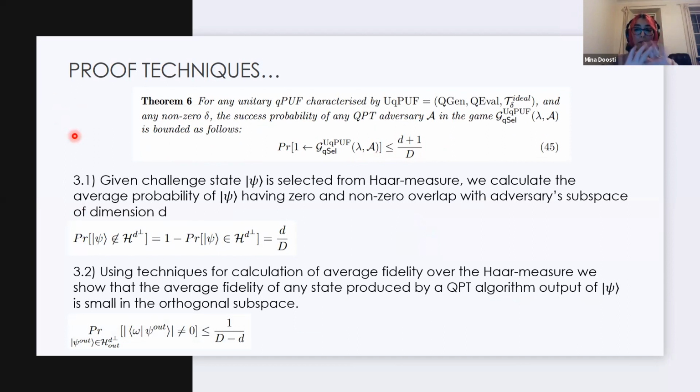The proof idea is generally that you can partition the Hilbert space into a subspace that is always orthogonal to your space, and another subspace that has some overlap.